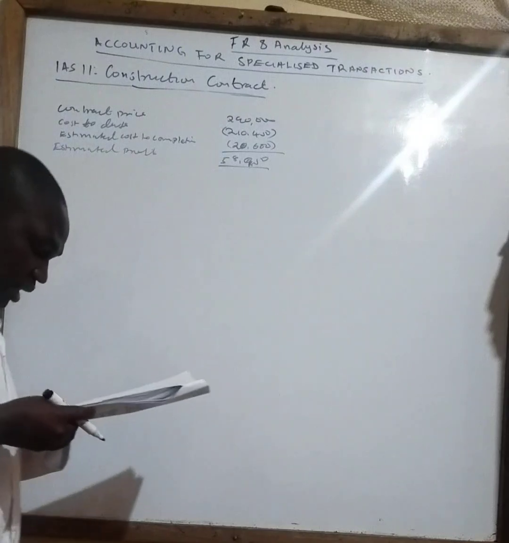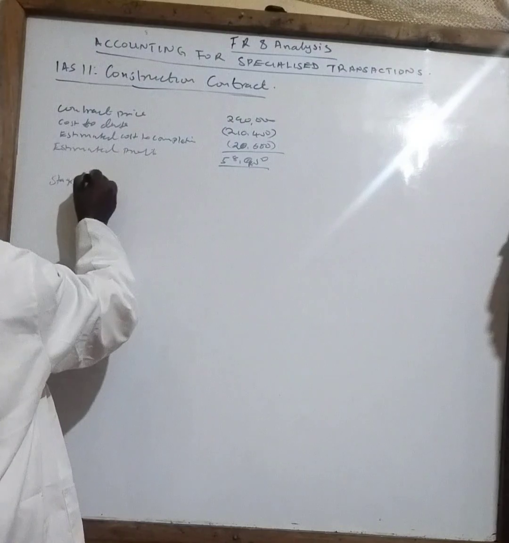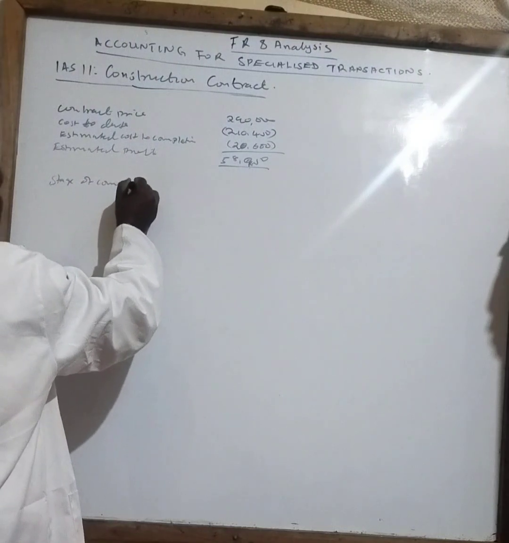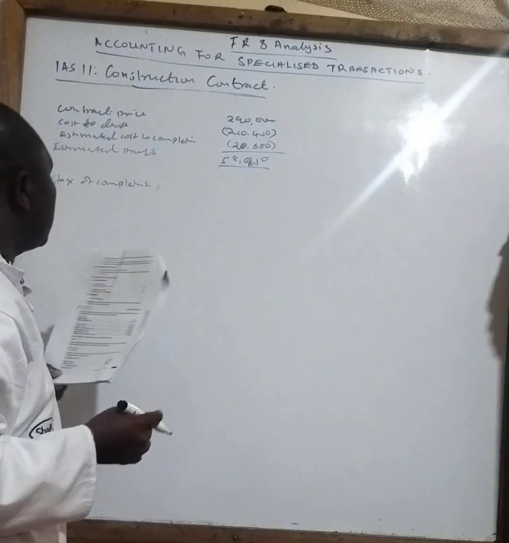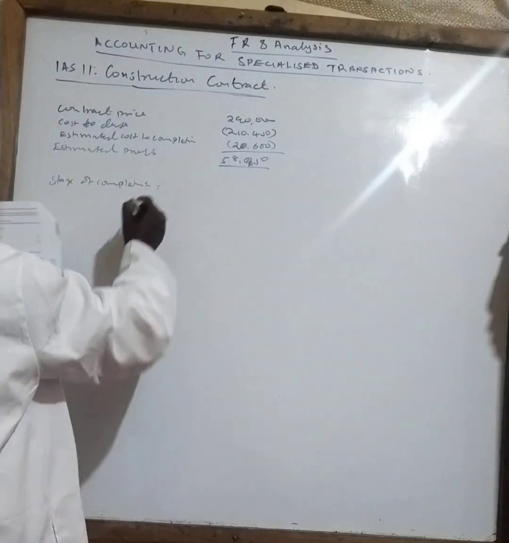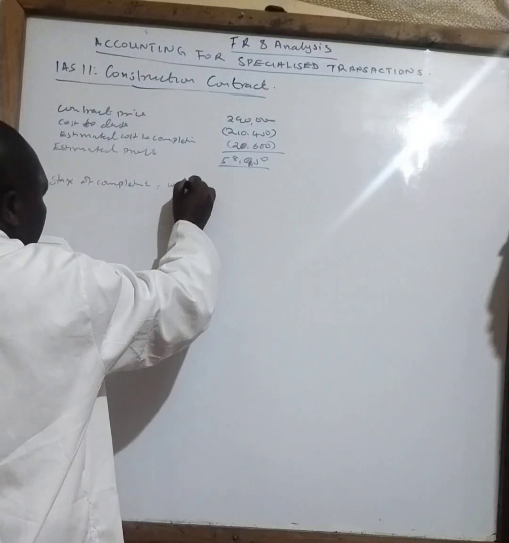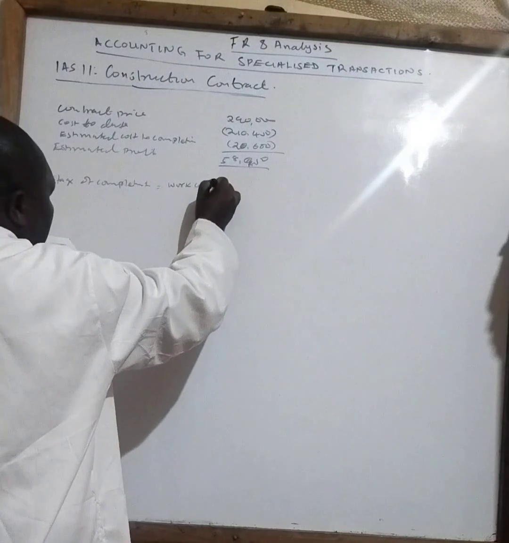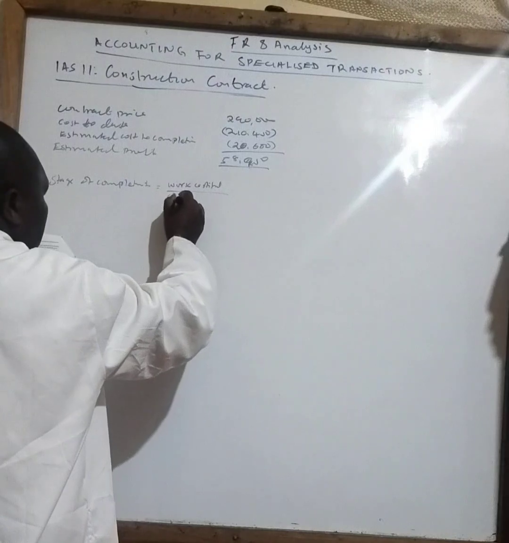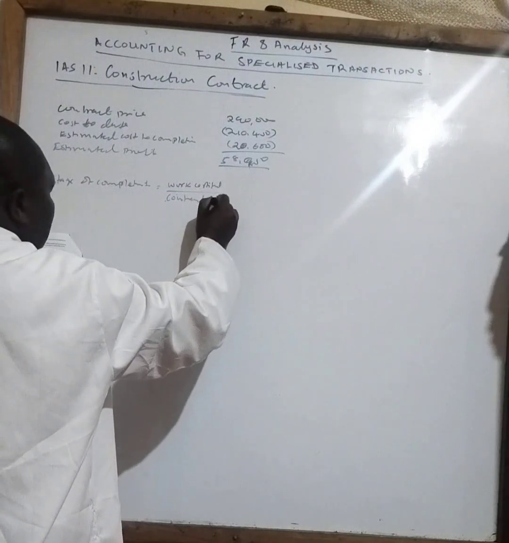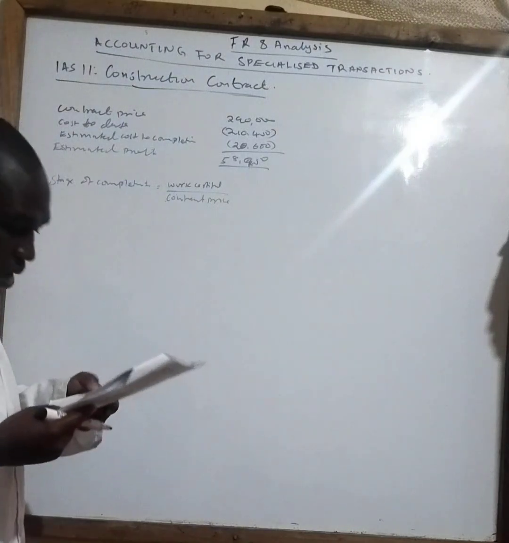Now, if you want to calculate the percentage stage of completion, you take what? So you have been told use what? Work certified, okay? So you get work certified, that's the question you have been given. Work certified, divide by contract price. In this case, how much is the work certified?